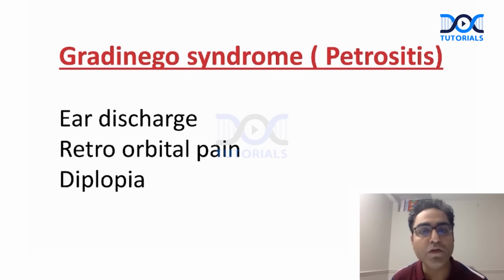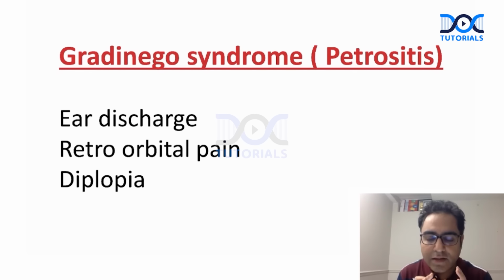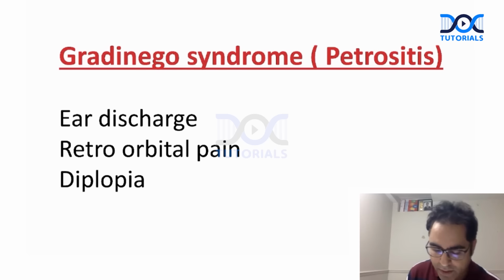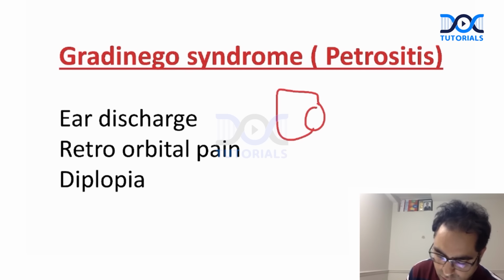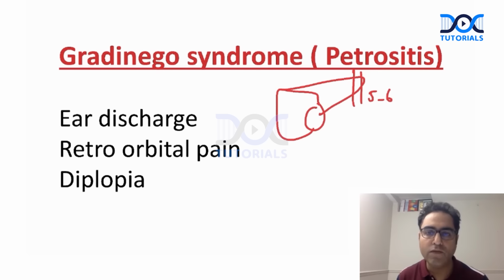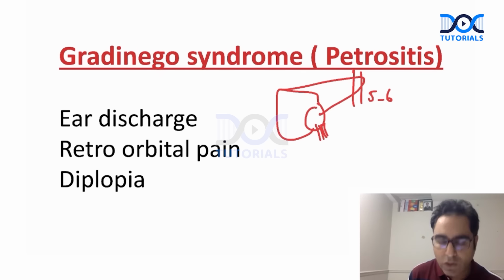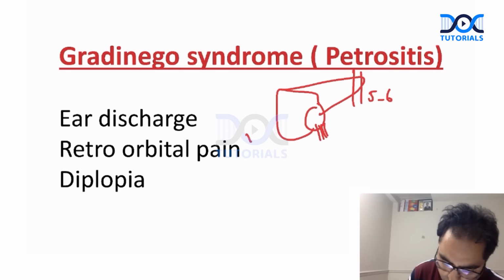Now, Gradenigo syndrome, petrositis. This is a very famous triad. How to remember it? At the petrous apex, we have got two nerves. What are those two nerves? These two nerves are the fifth and sixth nerves, and they get involved by the disease. So the patient is having ear discharge, and there is retroorbital pain due to fifth nerve involvement and diplopia due to sixth nerve involvement.